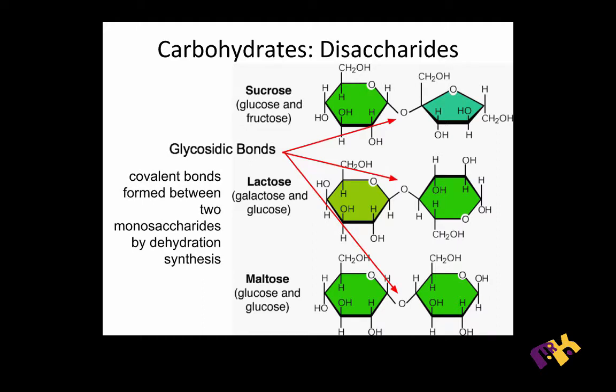And these are all glycosidic bonds. By definition, just so you have it sketched someplace, it's glycosidic if it's formed by 2 monosaccharides through dehydration synthesis. That's the key. This covalent bond is made through that dehydration synthesis.